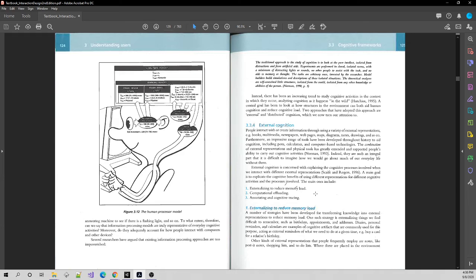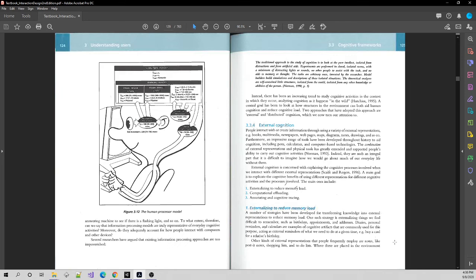So you can think of using paper and pencil to figure out steps in a math equation, or to remember a list of things to do, as externalizing our cognition, our memory load and our cognitive load, to help us achieve stronger cognition and memory while using external or physical tools.